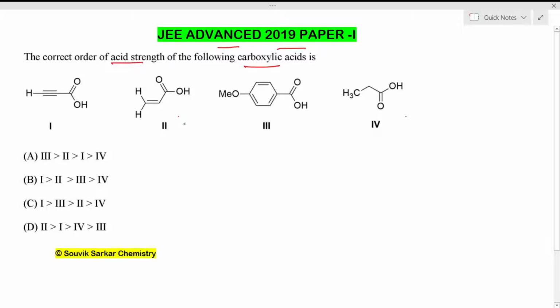There are 4 different types of carboxylic acids and each one will produce its corresponding conjugate base. So there will be 4 conjugate bases or anions.